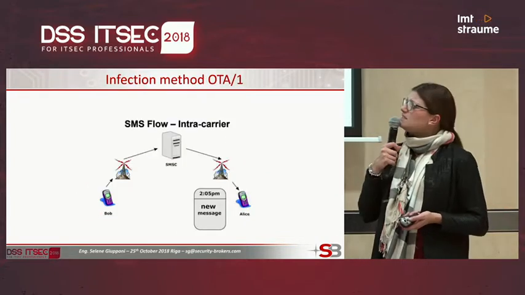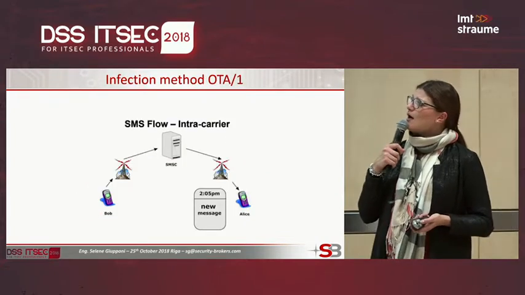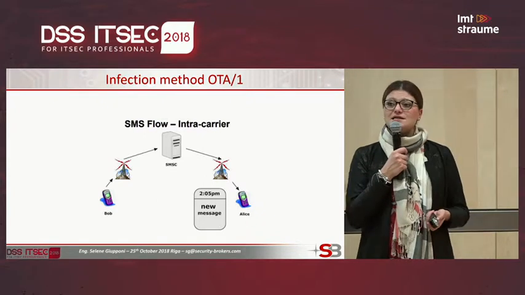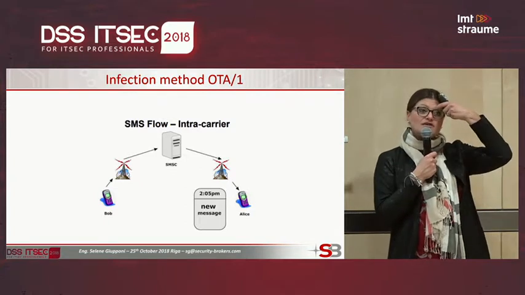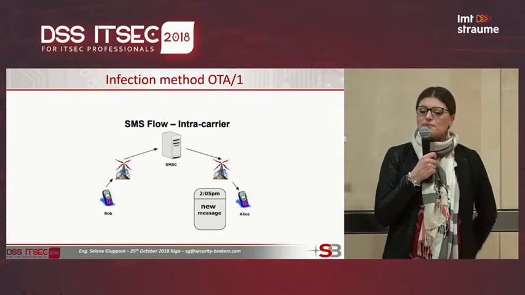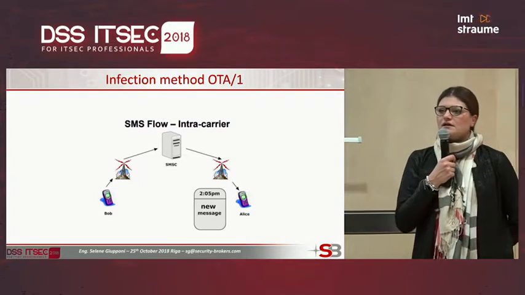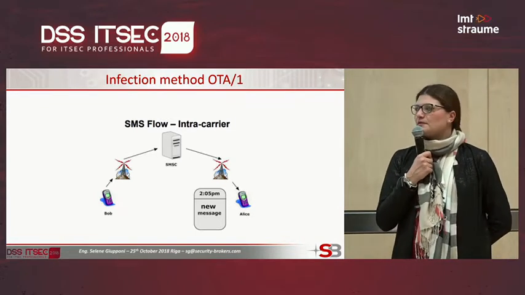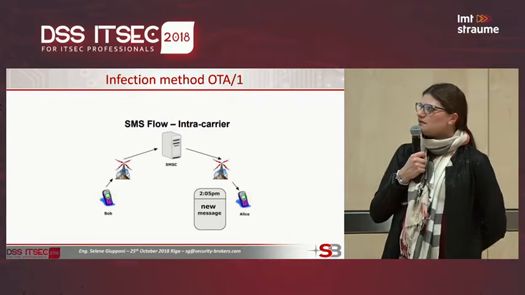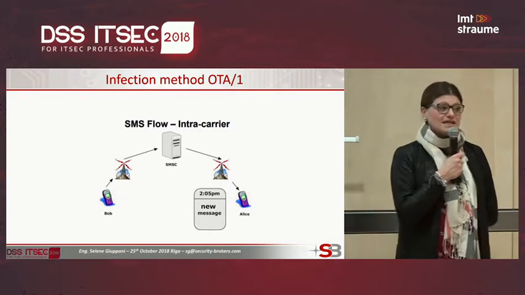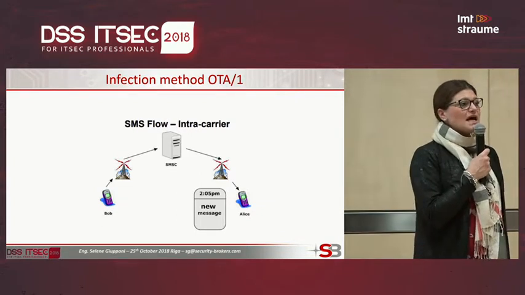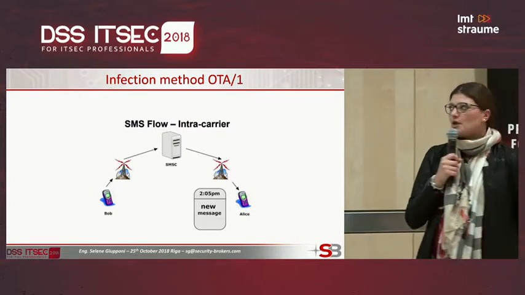So there is another kind of attack that is through OTA, over the air attack. This is the first over the air attack, starting from, I think, more than 10 years ago, with the silent SMS also.